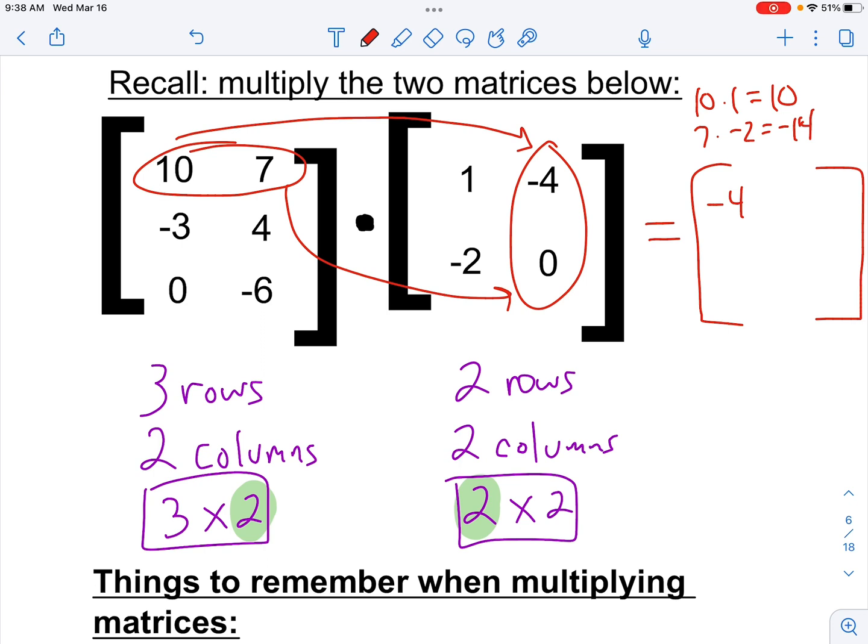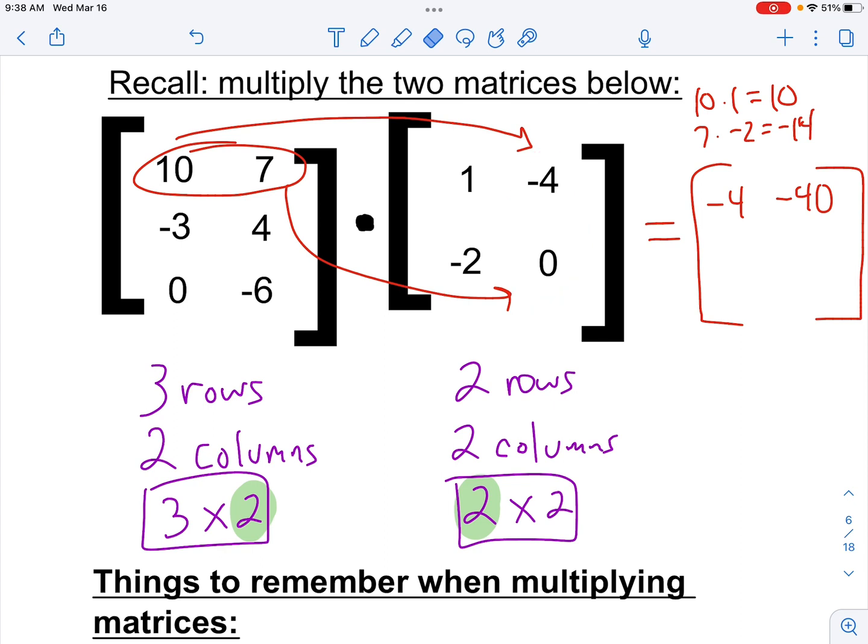Add those together, we get negative 40. So we did top row times first column and then top row times second column, and we put our results in the spaces that represent those.